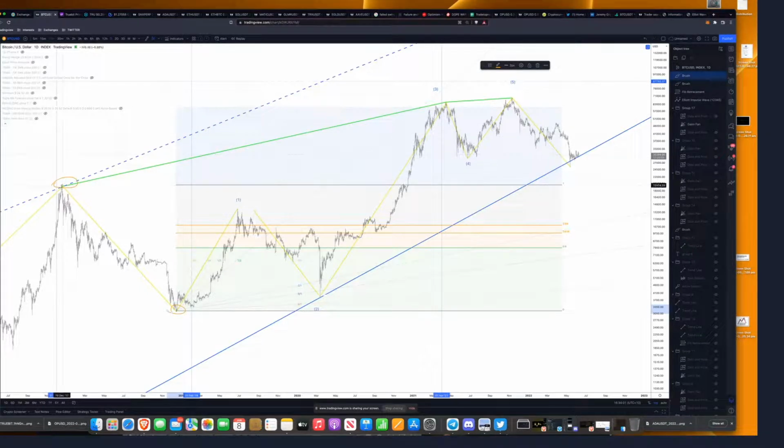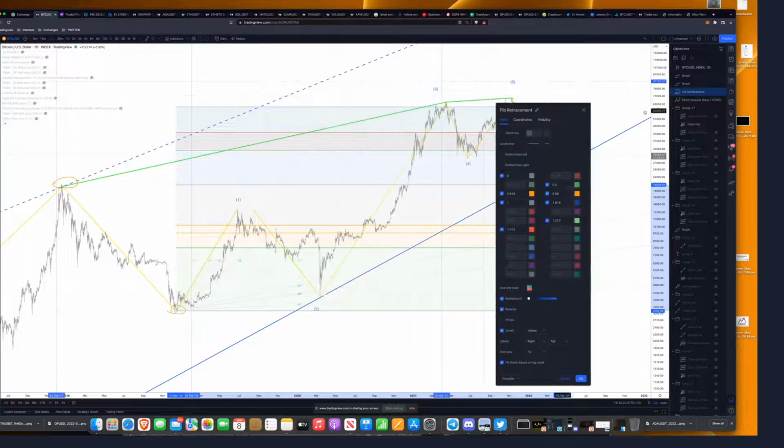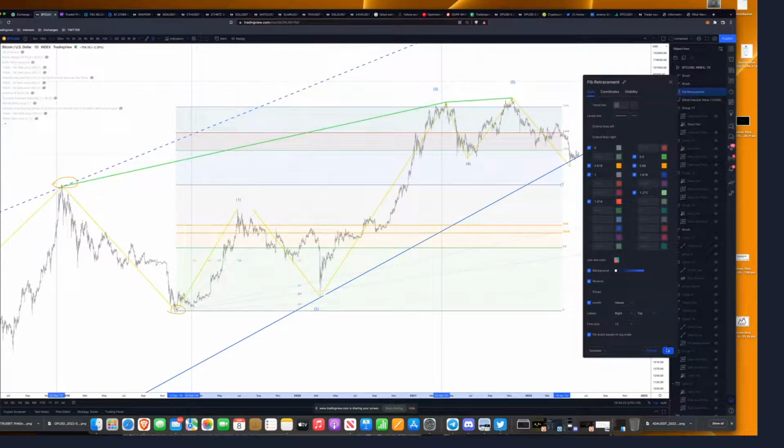That is my all-time high, all-time low. And what I want to do now is add the Fibonacci levels between the 1.618, which is the 1.272, and the 1.414. These are the main ones for targeting.